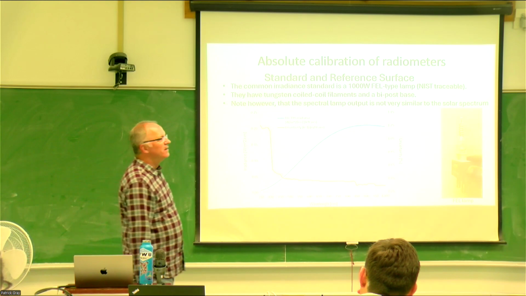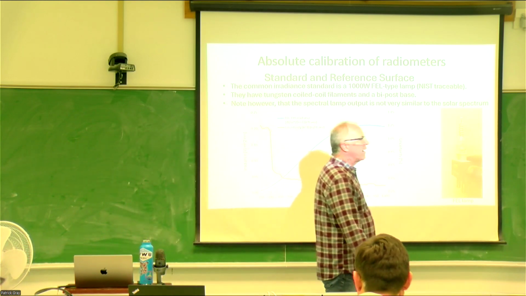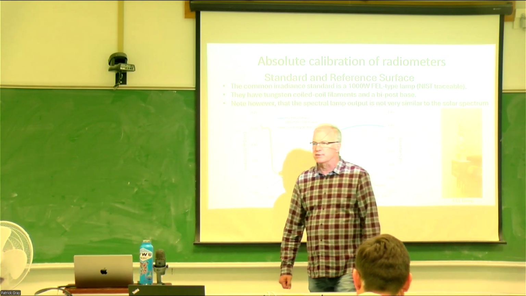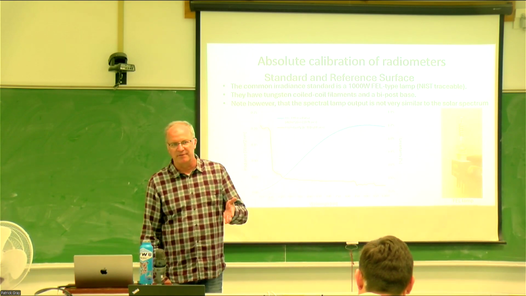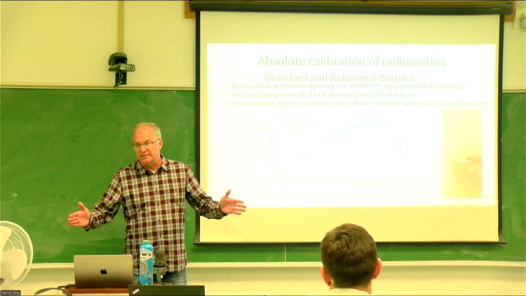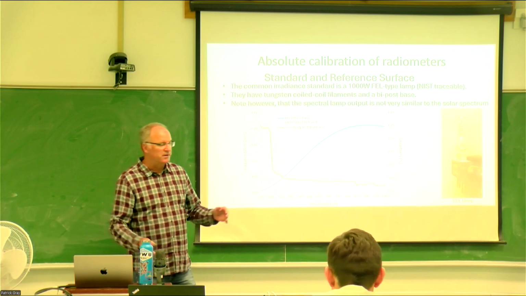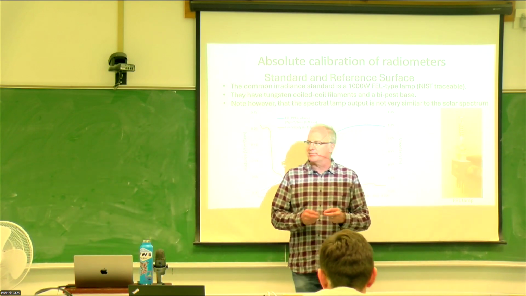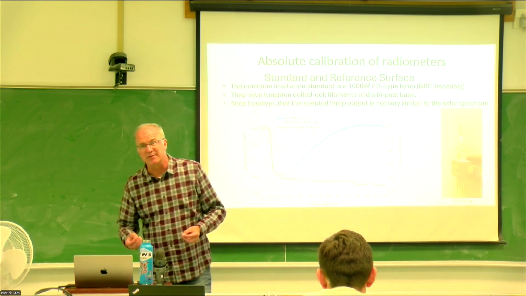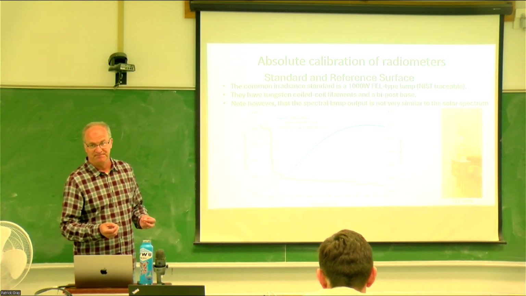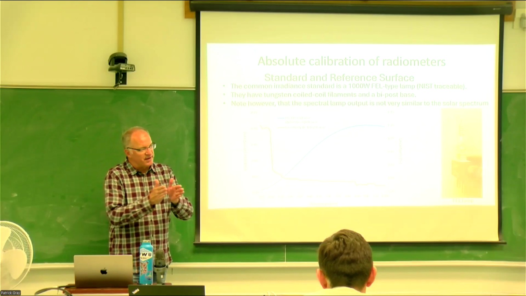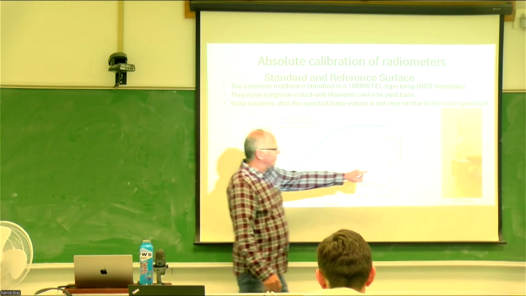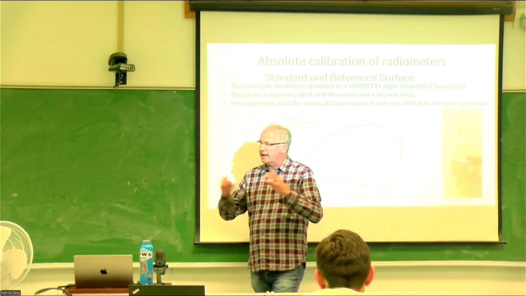Well, basically, it takes about an hour, 70 minutes to do a count. Now, we don't use all that 70 minutes to actually make a calibration. But again, you're trying to make this light output as stable as possible. So you have to warm it up for 20 to 30 minutes and get it into a burn state where every little molecule of tungsten is emitting exactly the same amount.